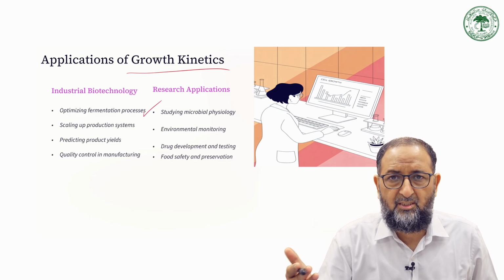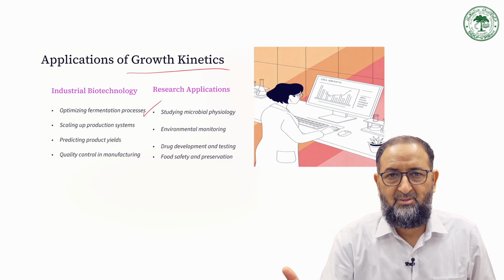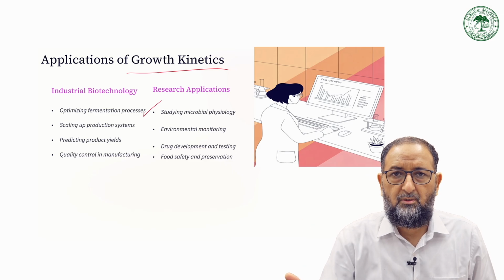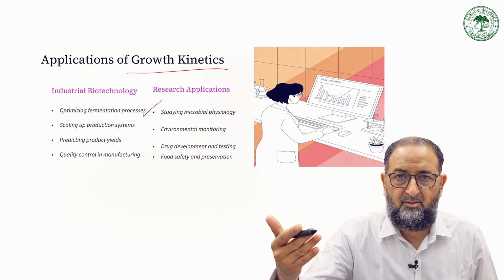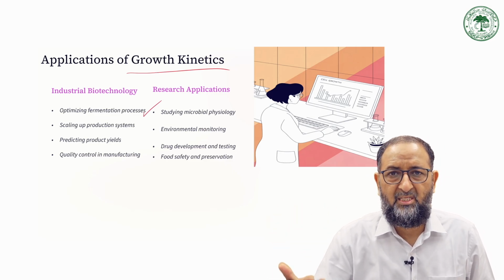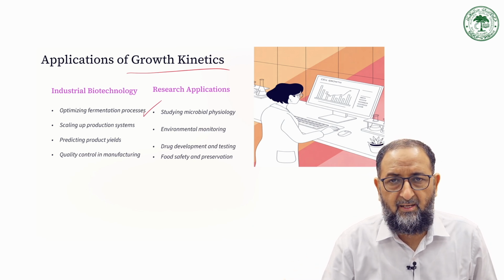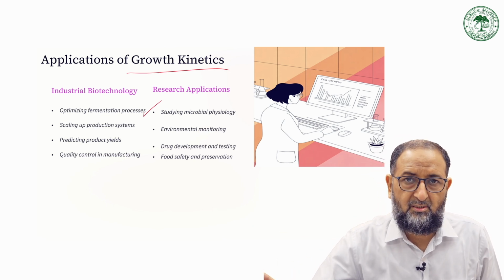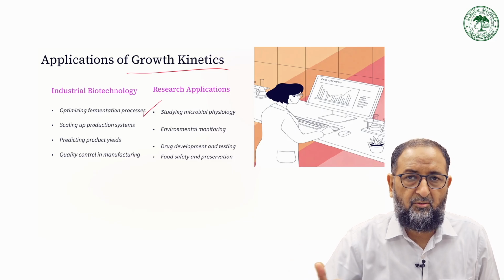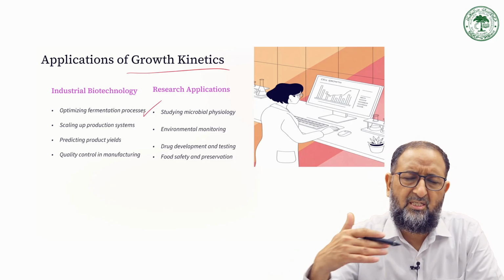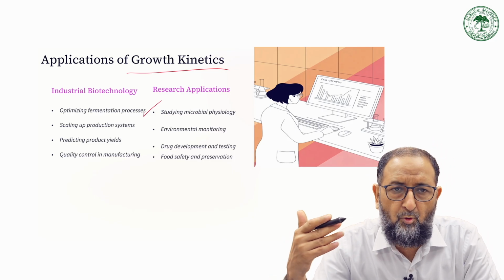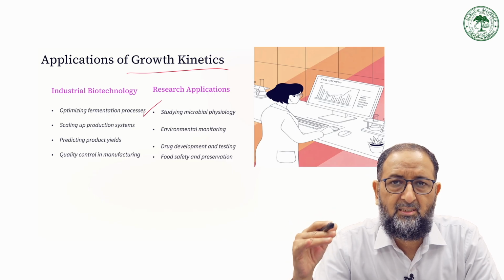After getting the growth kinetics, optimize the conditions for growth. If you find low growth, you can improve the conditions through better supportive media, enriched media, different supplements and nutrients, right? Or you can provide continuous cultures. If not continuous cultures, you can have fed batch cultures. All these things can be made available only after you understand the growth kinetics.